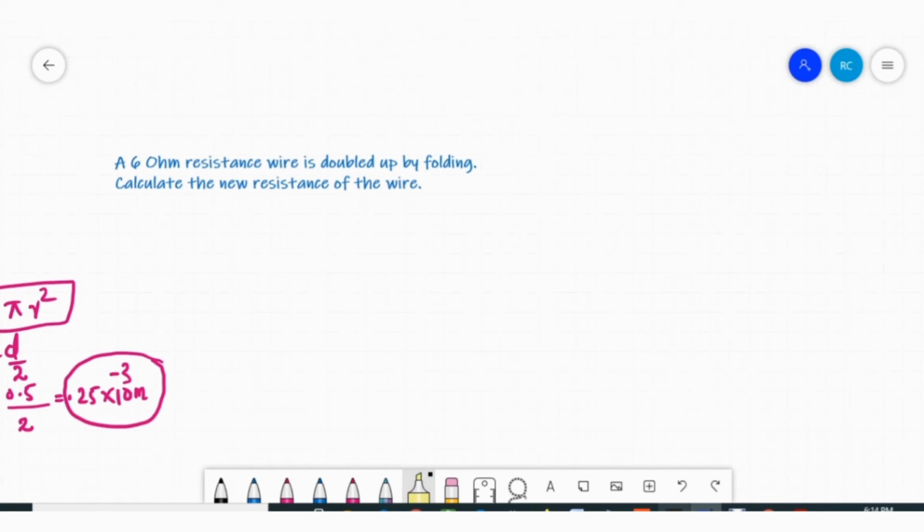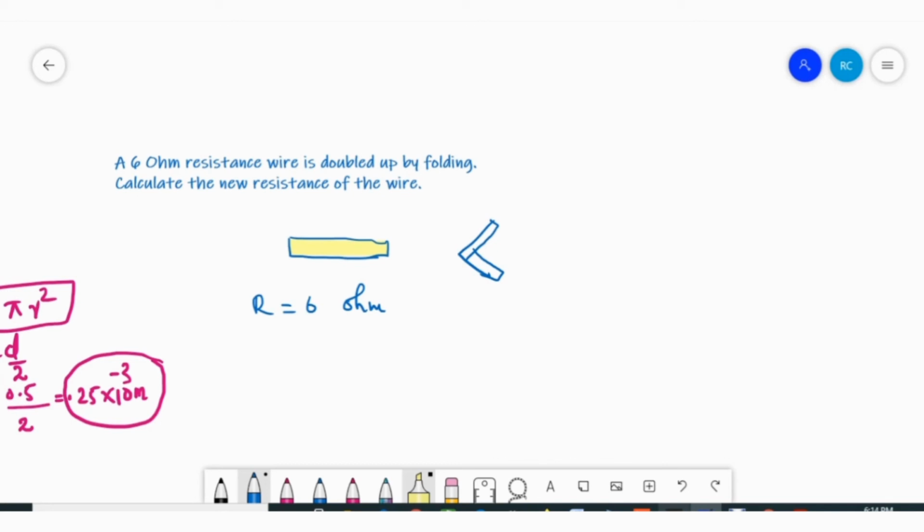If a 6 ohm resistance wire is doubled up by folding, so you have a 6 ohm resistance wire. For example, consider this is your copper wire, and its resistance is 6 ohm. R is equal to 6 ohm. And this wire is doubled by folding. So we are just folding this wire. Now, calculate the new resistance of the wire.